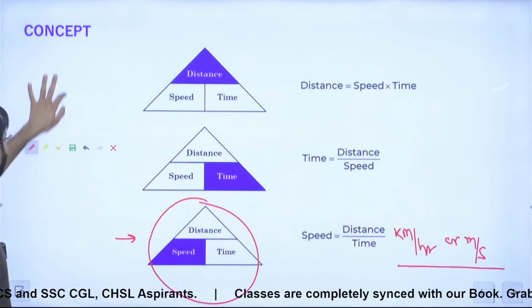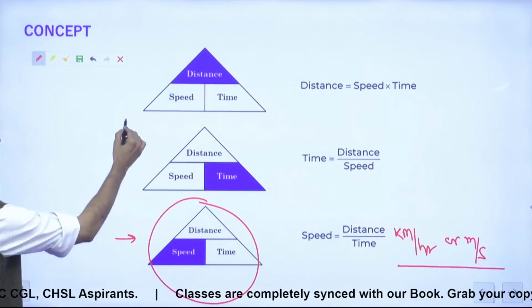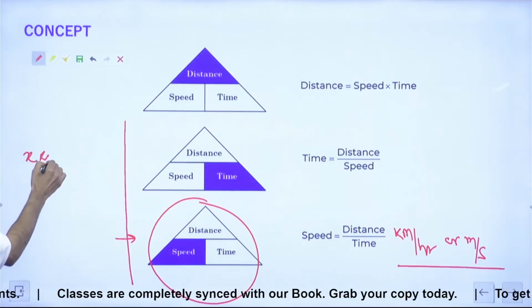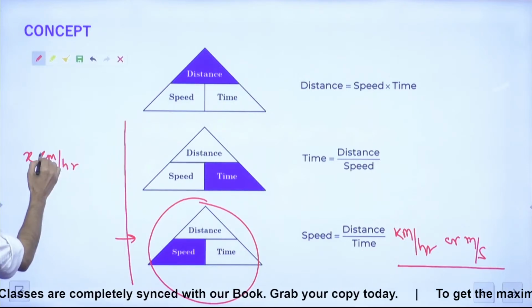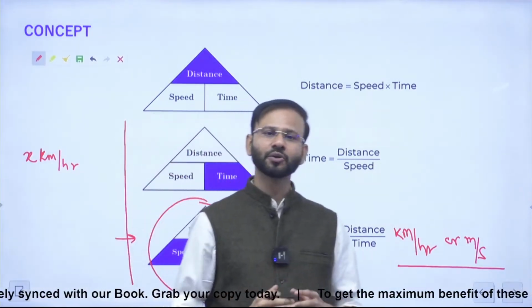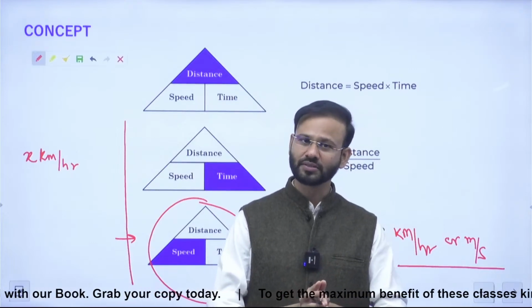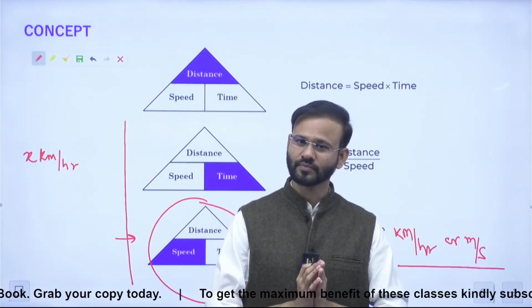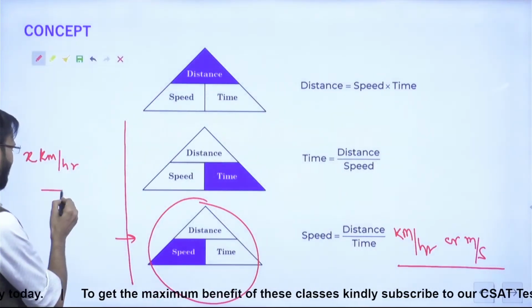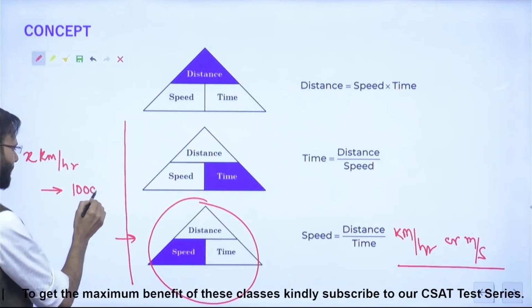Now, just tell me one thing. If a speed is given to you in kilometer per hour, let's say it is x kilometer per hour, and you need to convert it into meter per second, then what do you do? 5/18. See, in 1 kilometer, how many meters do we have? 1000.